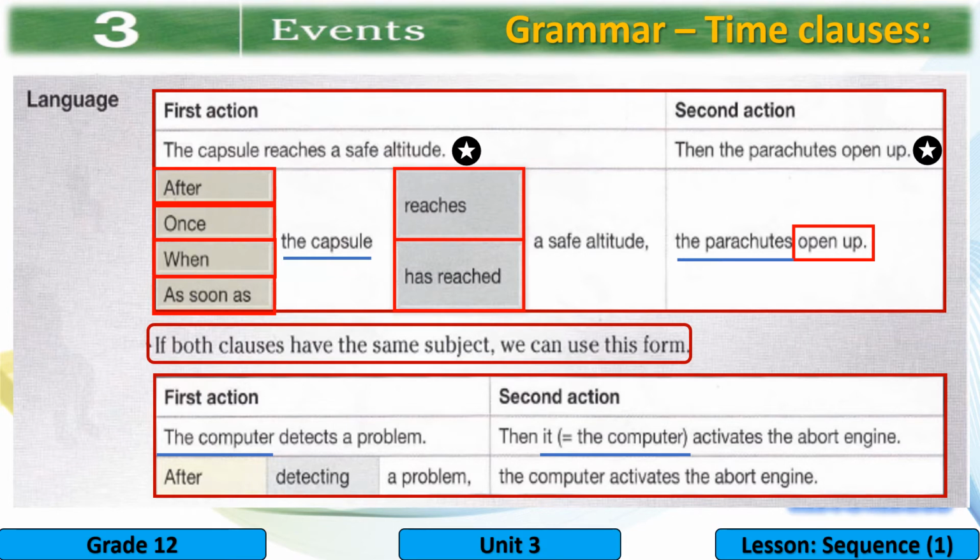We canceled the subject, which is the computer in this sentence, and changed the verb detects into the ing form, detecting. So it becomes, after detecting the problem or a problem, the computer, here we mention the subject. The computer activates the abort engine.